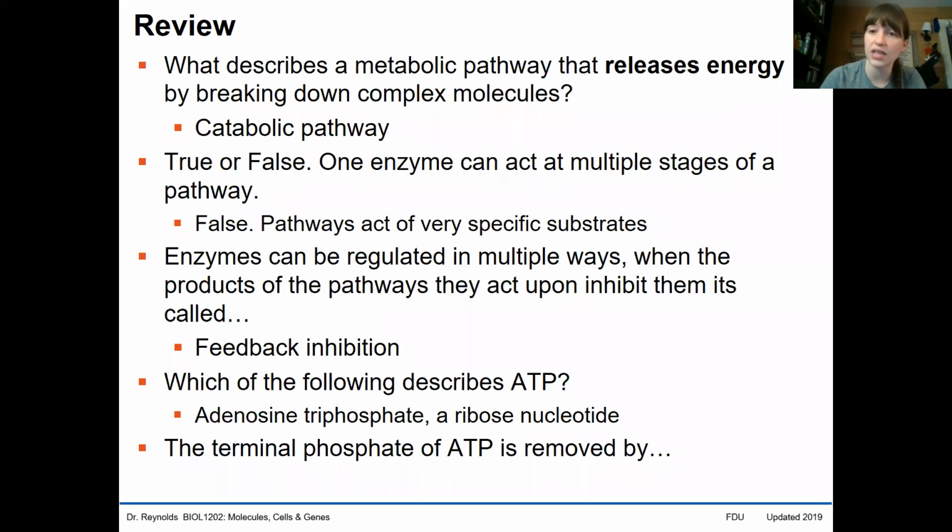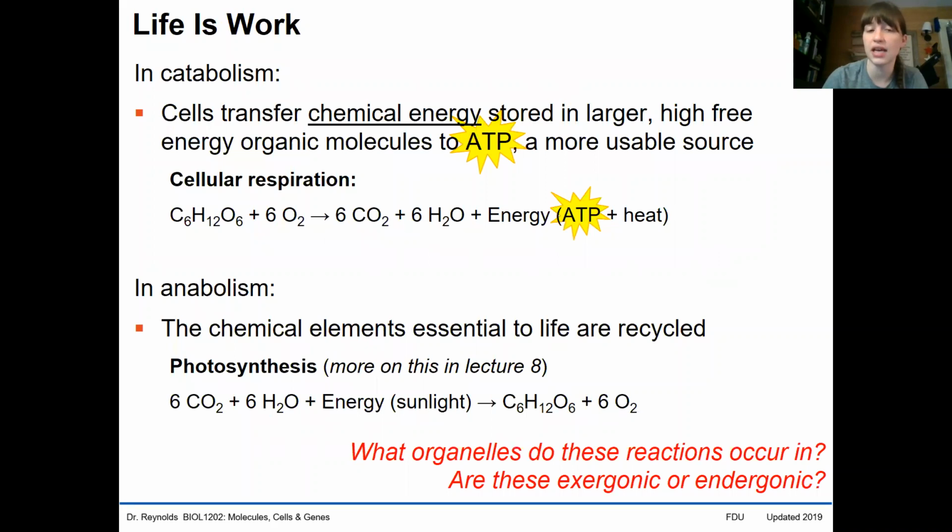And so we can use energy coupling to introduce energy into otherwise endergonic processes. The terminal phosphate of ATP is removed by hydrolysis. This is what causes the high free energy molecule of ATP to become the smaller, lower free energy ADP and releases that energy to be able to do work in the cell.